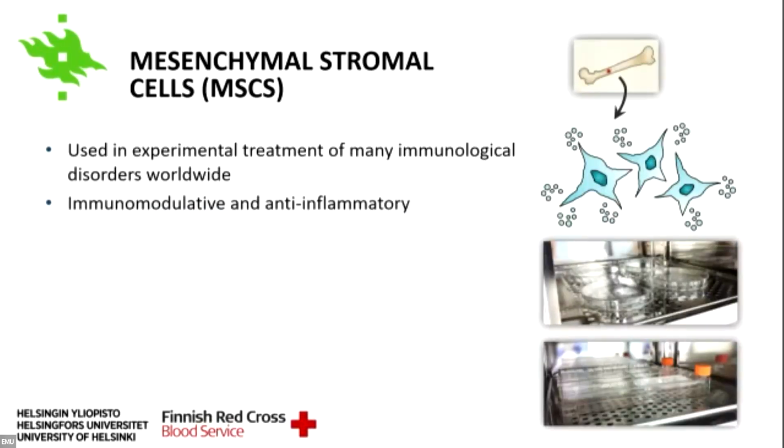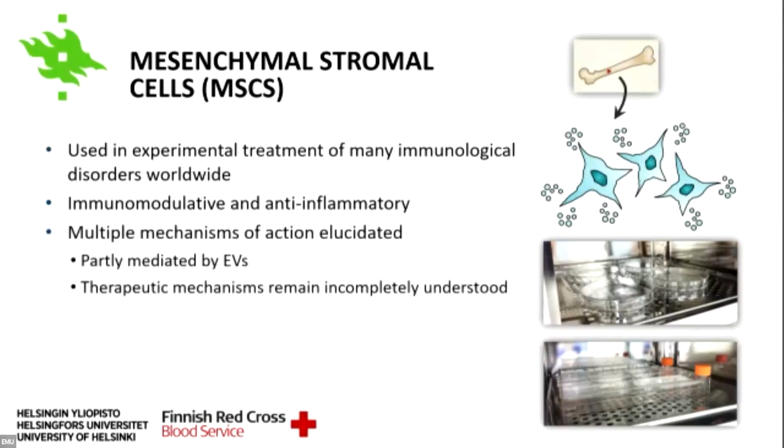Mesenchymal stromal cells are used in experimental treatment of many immunological disorders worldwide. In cell therapy applications, they are immunomodulative and anti-inflammatory, and multiple of their mechanisms of action have been elucidated. For example, their effects are partly mediated by EVs, which is why the interest here.